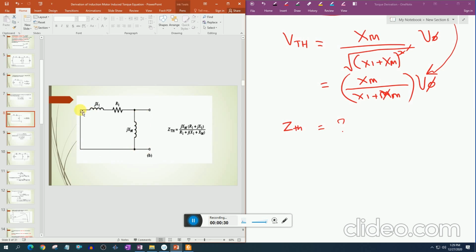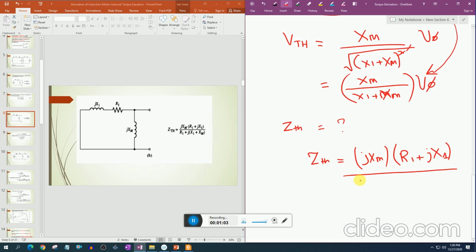When we short circuit these lines, this reactance and this impedance become parallel with each other, and the resultant Z Thevenin is given as this multiplied by this divided by the sum of all these, as we calculate in parallel: j Xm into (R1 plus j X1) divided by R1 plus j X1 plus j Xm. Yes, this is the value of Z Thevenin.